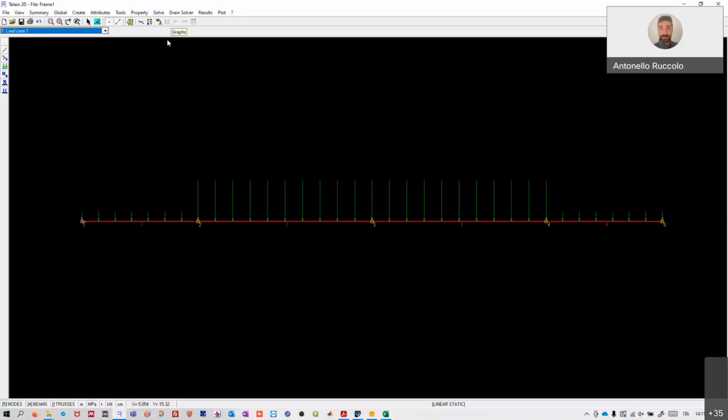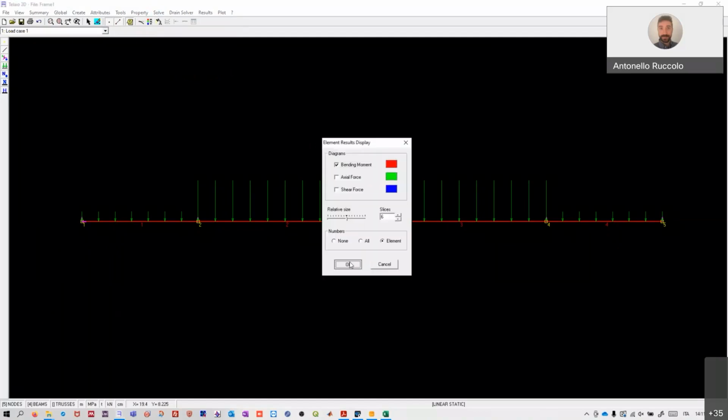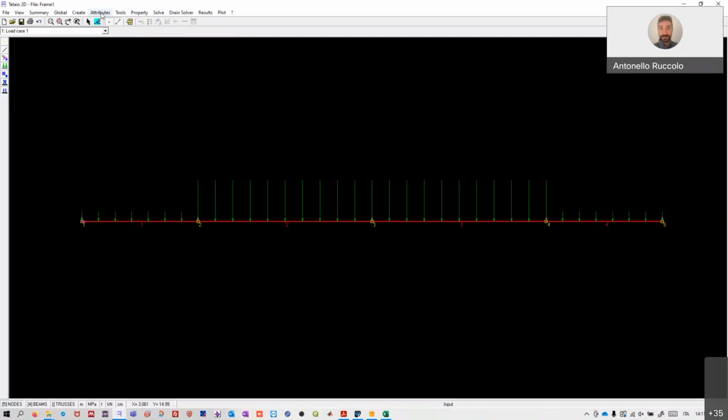In this case, we'll just increase the cross section inertia, so we can find the results. Okay. Sorry. Just subdivide all the beams in two so that we can find.